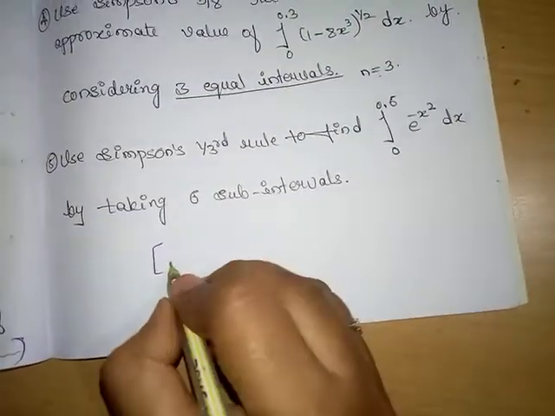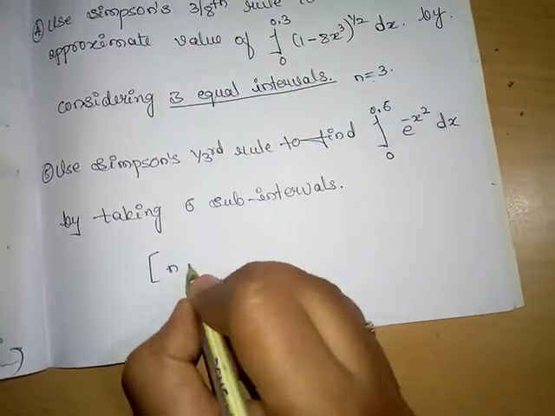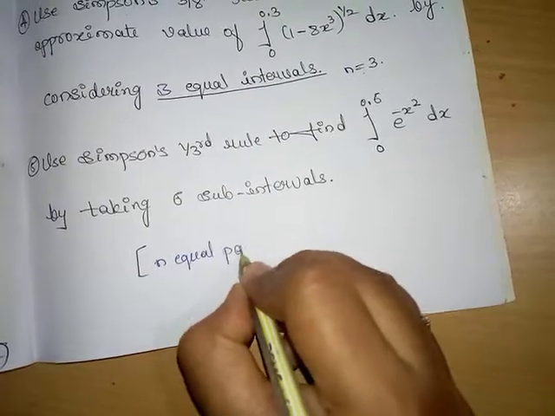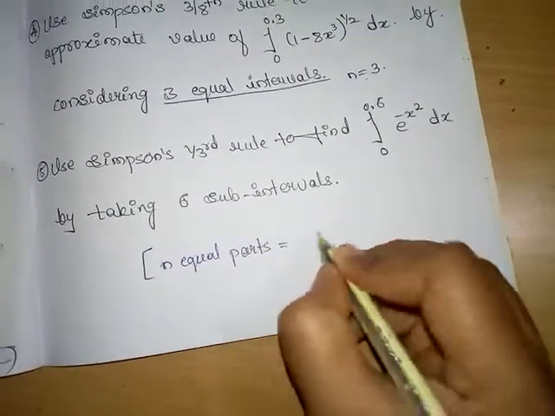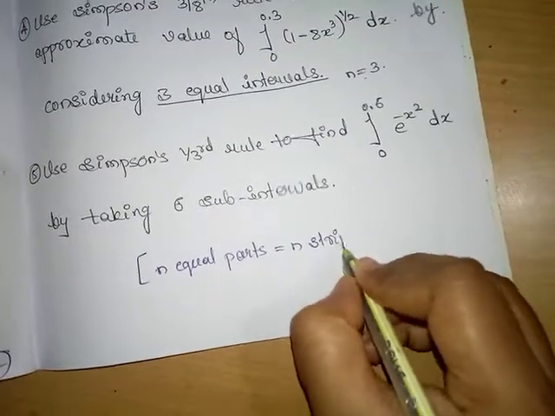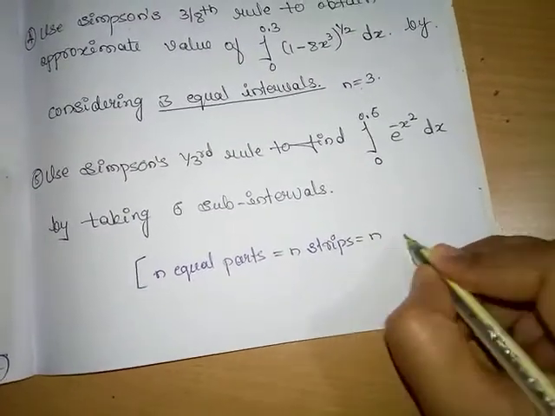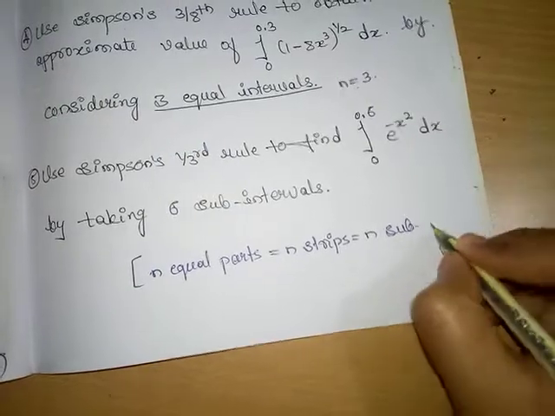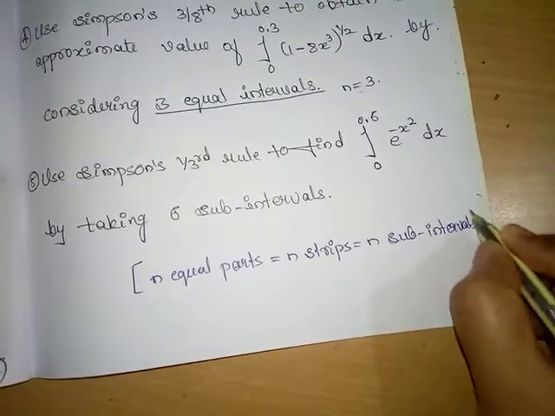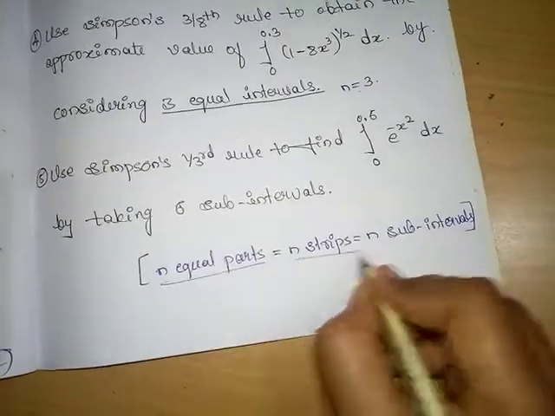I will write here: n equal parts is equal to n, strips is equal to n, sub-intervals is equal to n. All these three are the same.